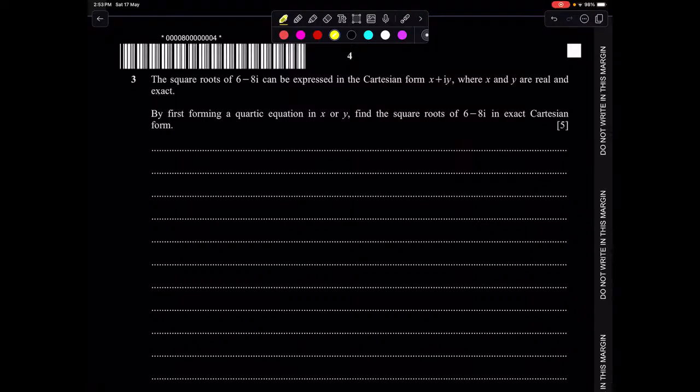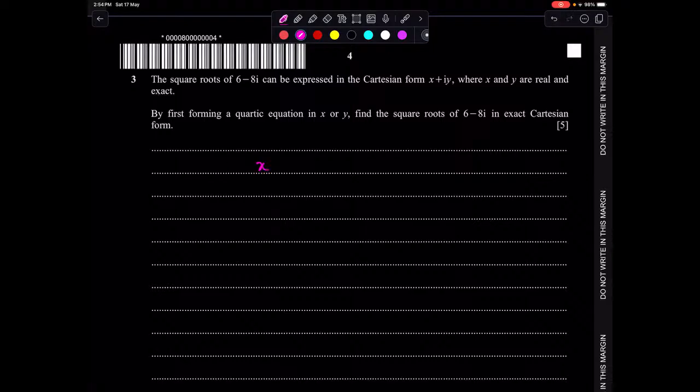The question is, the square roots of 6 minus 8i can be expressed in Cartesian form, x plus iy, by first forming a quartic equation, power 4 equation, in x or y. Find the square roots of this in exact Cartesian form. So this question is of 2 square roots, a very famous question of complex number.